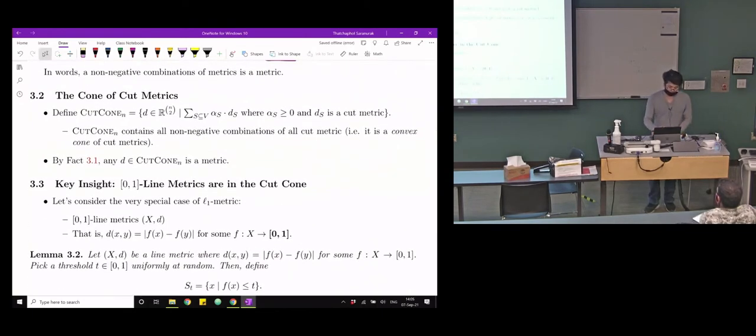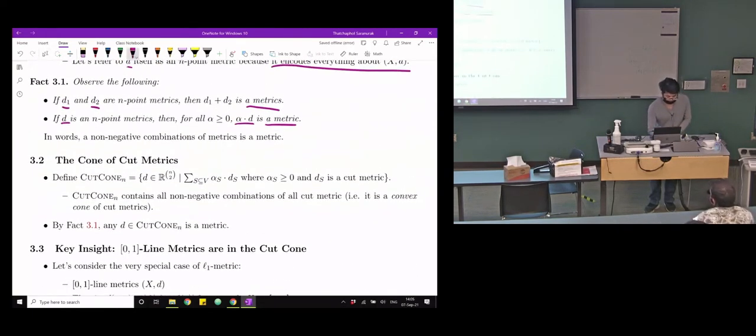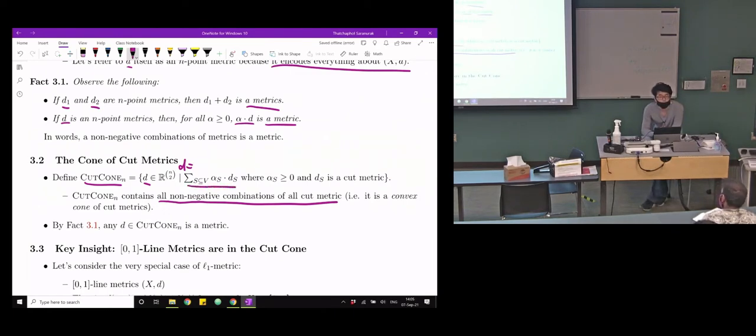And now I define a cut cone. So the cut cone contains all non-negative combinations of all cut metrics. In mathematical terms, it's all matrices D such that D equals a non-negative combination of cut matrices.